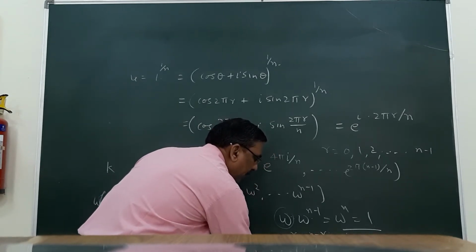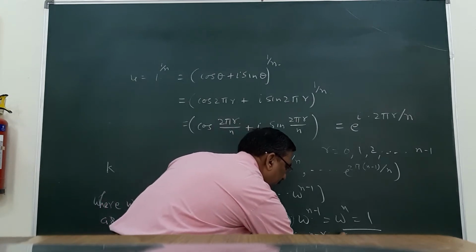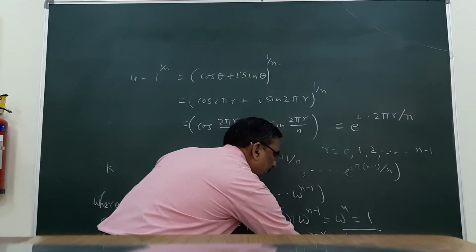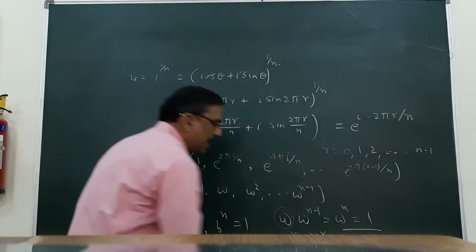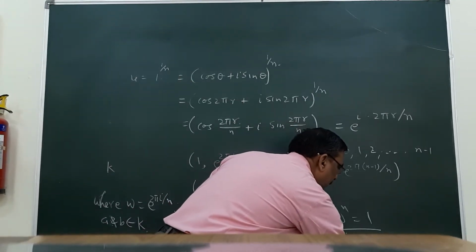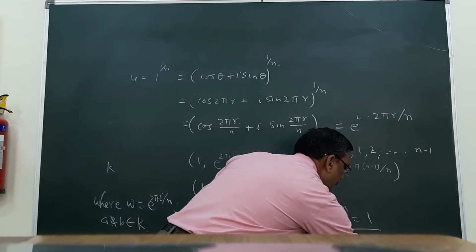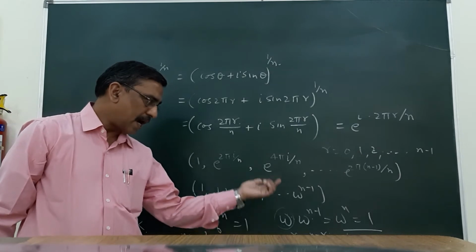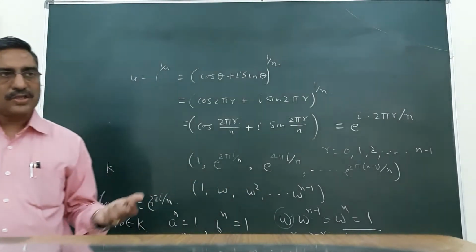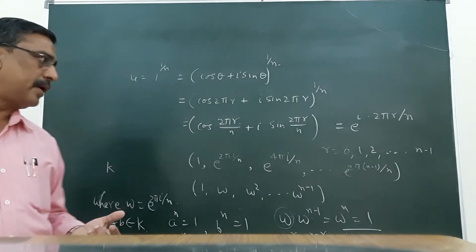So their power will be equal to n, and equal to 1. That is, multiplication of these two elements is again 1, that is identity. So inverse exists, identity exists, associative property holds good, closure property holds good.